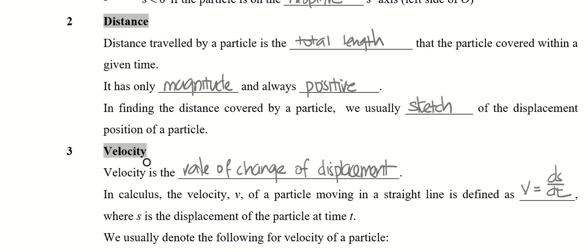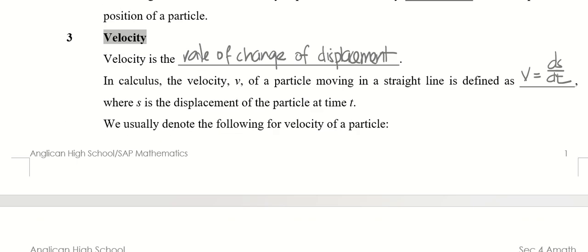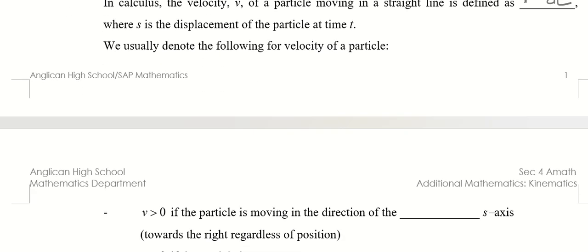So we usually denote the following for velocity of a particle. Let's say v is greater than 0, meaning the particle is moving in the direction of the positive s-axis, towards the right, regardless of position. It can be at a negative displacement, but it's moving towards the right.